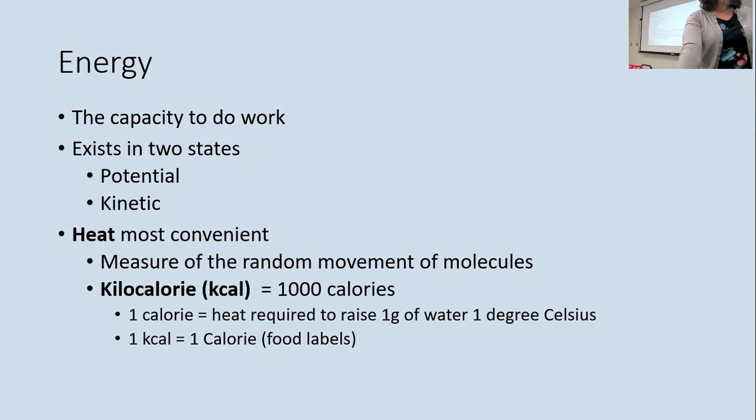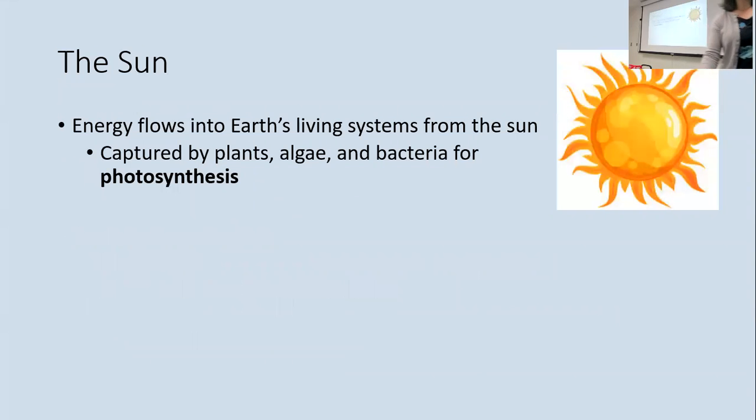So we can measure stored energy in calories, which is a measurement of energy or heat specifically. And that energy ultimately, the whole biosphere, we're not a closed system. The planet is not a closed system. We have a constant, huge input of energy in the form of light and heat energy coming from the sun.